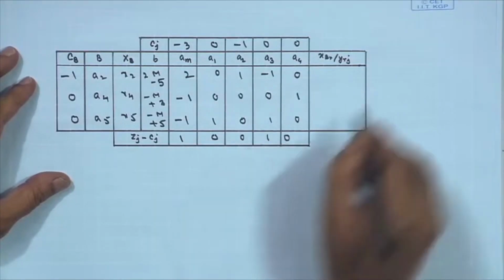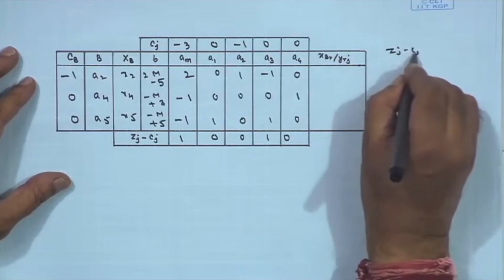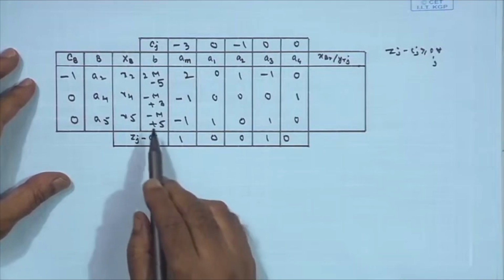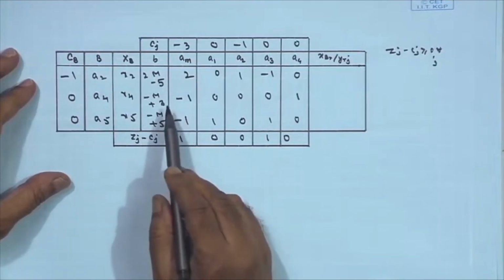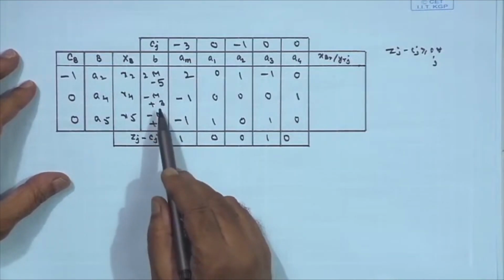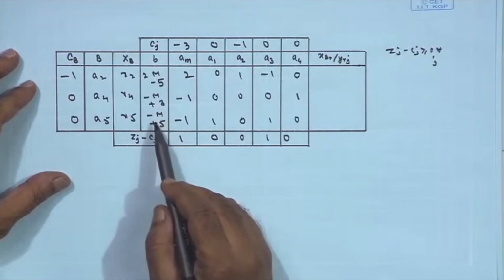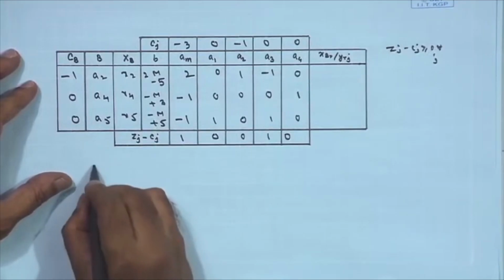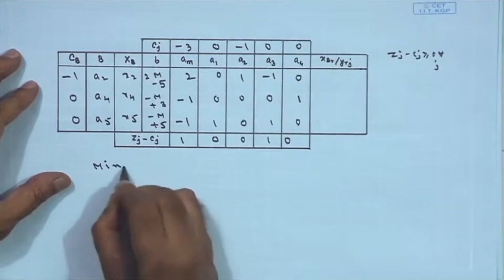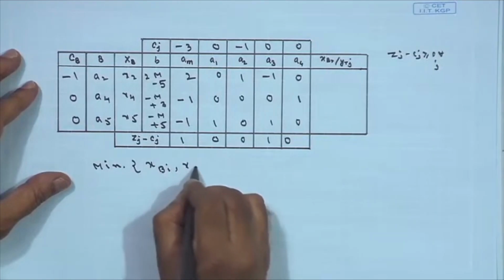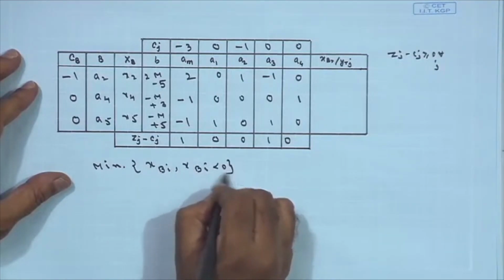Again you see your Zj minus Cj is greater than or equal to 0 for all j, but all xB are not non-negative. At least here you have to check that all xB are greater than or equal to 0. So, the feasibility condition is not satisfied. So, you first have to check which vector will depart. So, the minimum of xBi where xBi is less than 0.